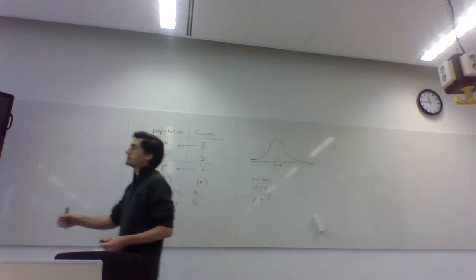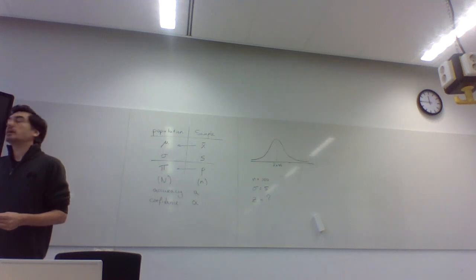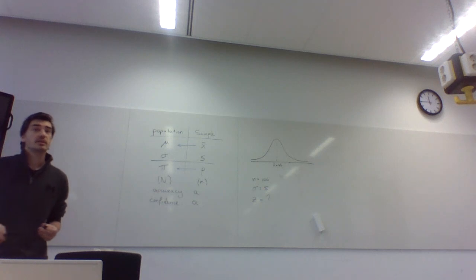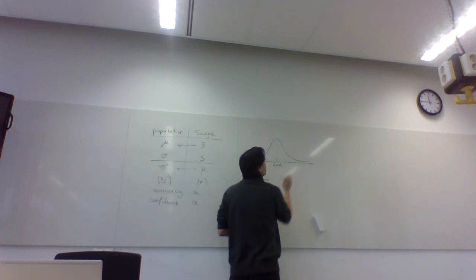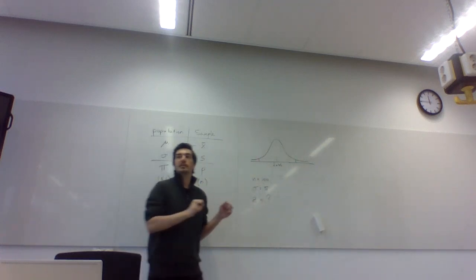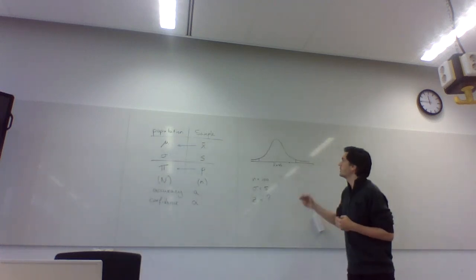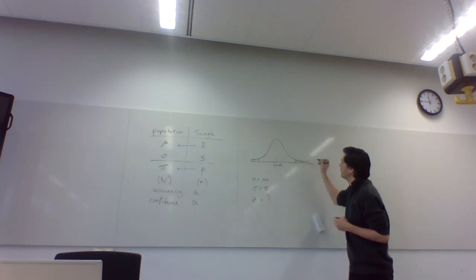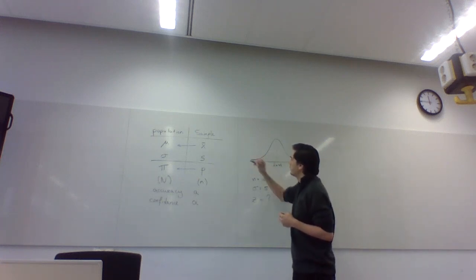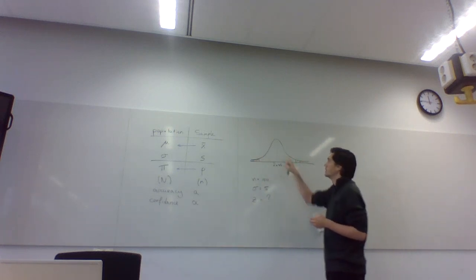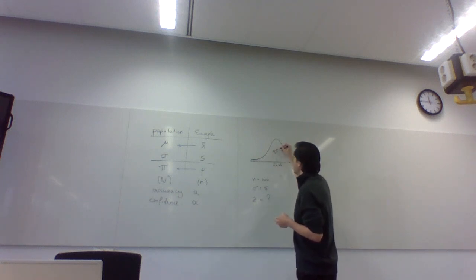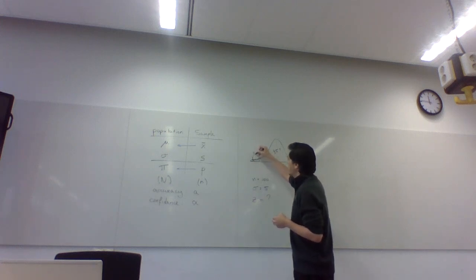And in this case, alpha is, well, it is 0.05, but that is because we want some interval between two values. That means we're testing, or we want to calculate the probability of being in this area and the probability of being in this area. And we want that total probability to be 5%, because this is 95%, which means this is 2.5% and this is 2.5%.